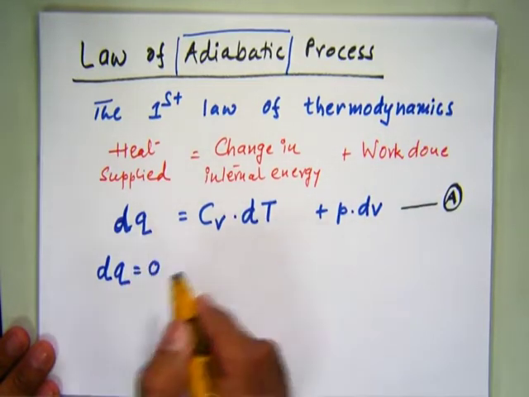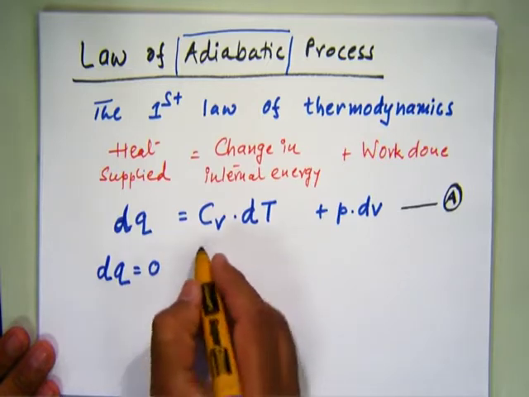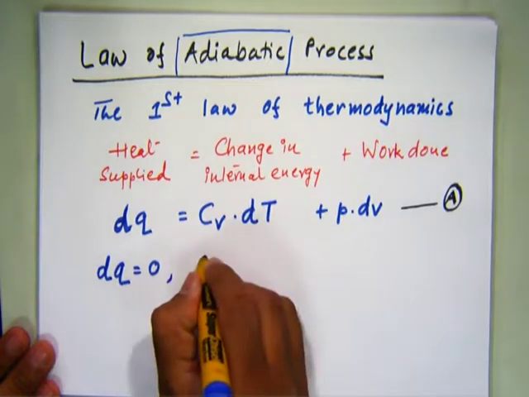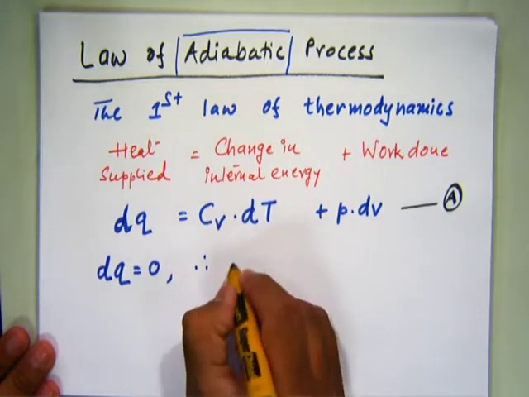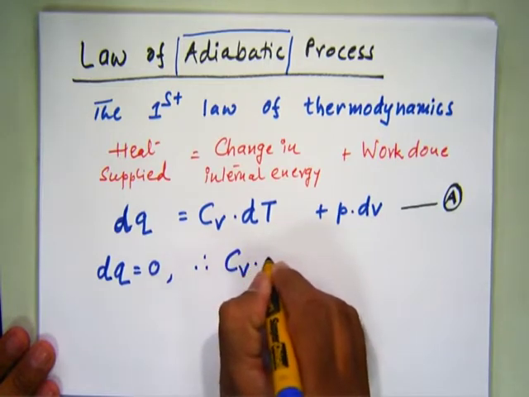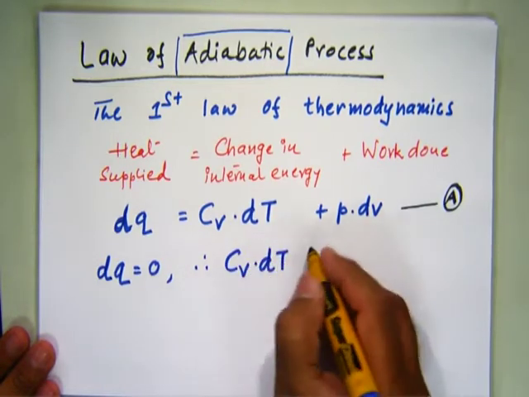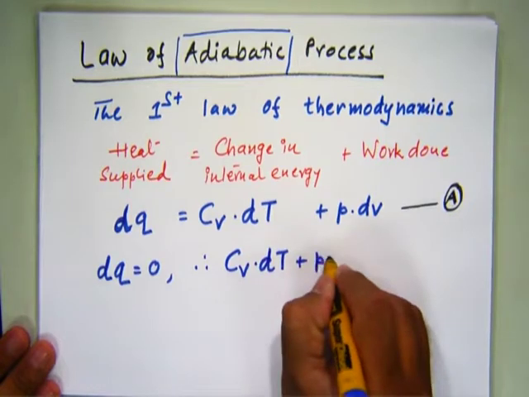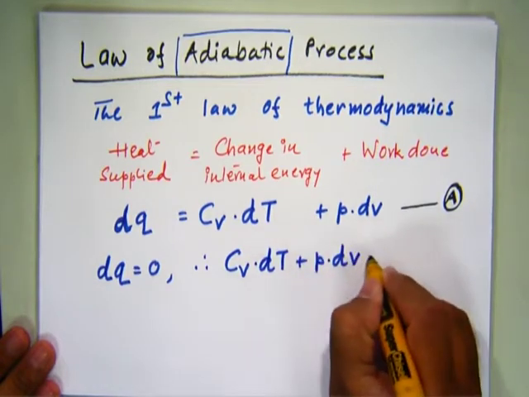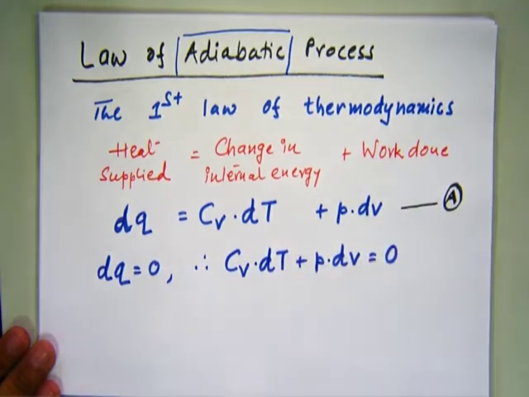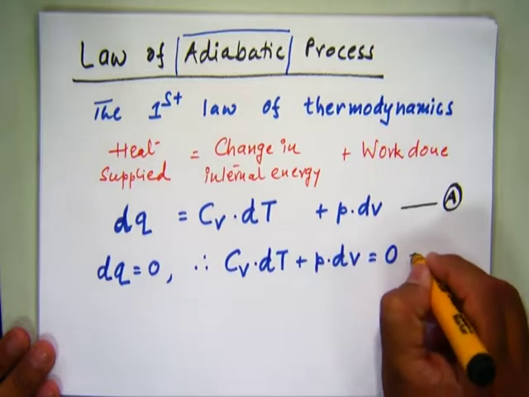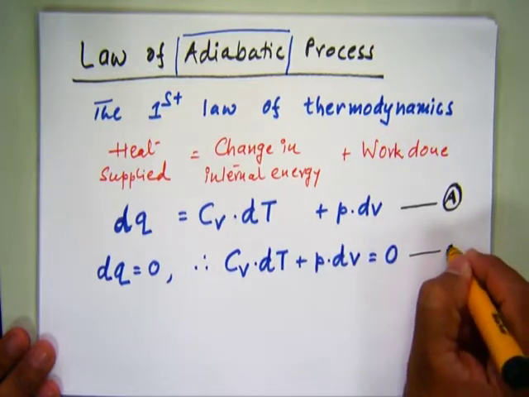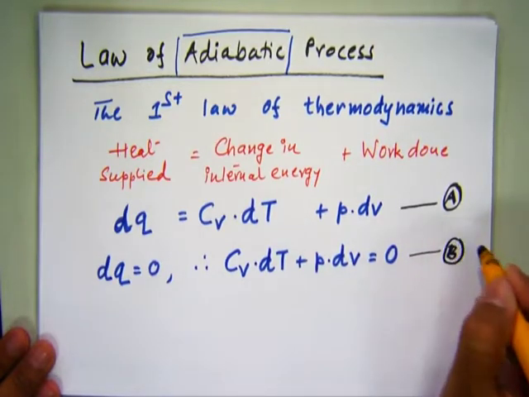Therefore, equation A becomes Cv into dT plus P dV is equal to 0. Let us say this is equation B.